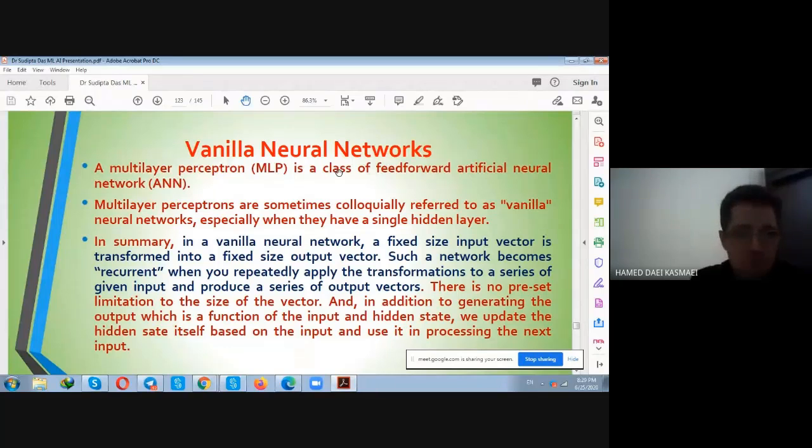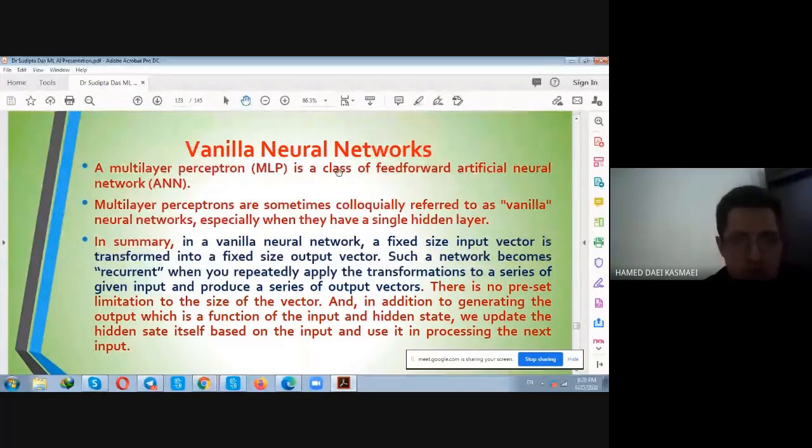Such a network becomes recurrent when you repeatedly apply the transformation to a series of given inputs and produce a series of output vectors. There is no preset limitation to the size of the vector, and in addition to generating the output, which is a function of input and hidden state, we update the hidden state itself based on the input and use it in processing the next input.